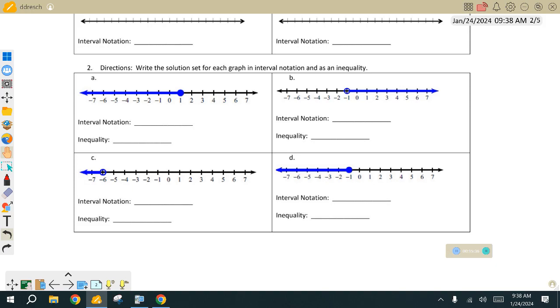Or given the graph, put it into the notation, write me the inequality notation. However the case is, you should be able to put it into whatever the situation is. So as you look at that graph, you should be able to write out those 2 forms no matter what it is.